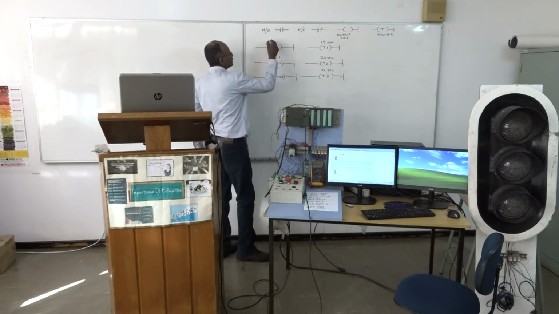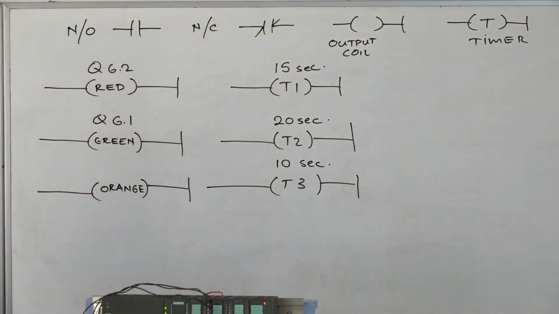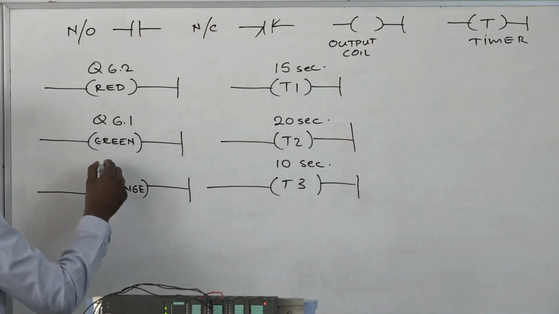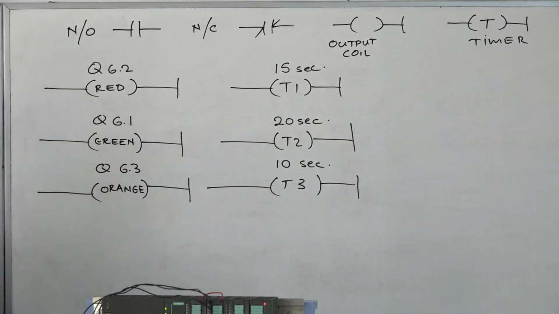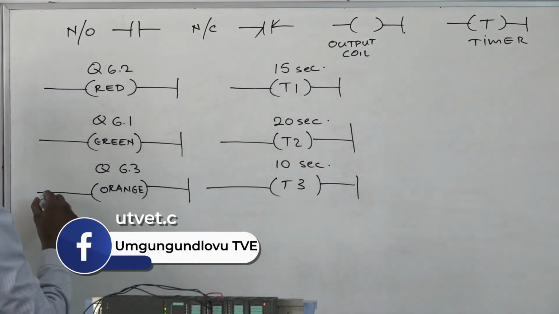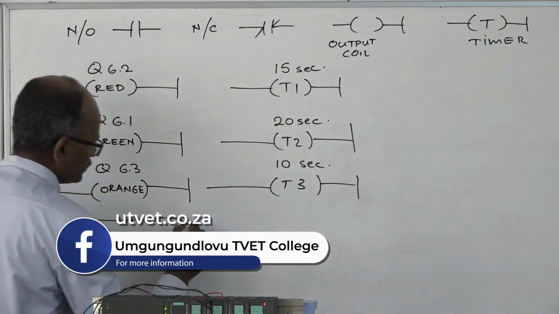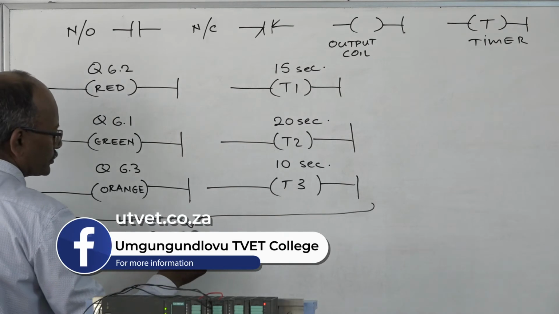The red light we've already used, Q6.2, and the orange light was Q6.3. These will represent all my outputs.